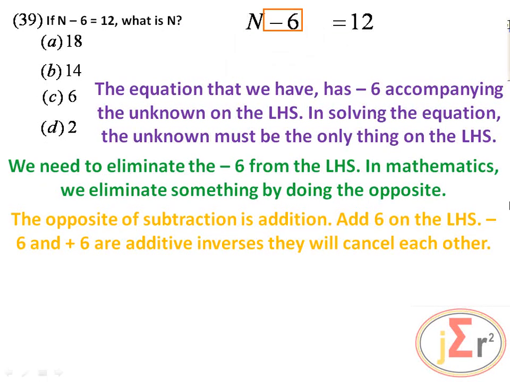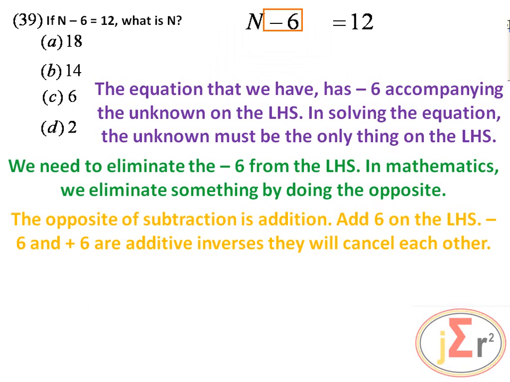So if we have a minus 6 and we have a plus 6, because they are equal in size, this is a 6 and this is a 6, but the signs are different, we say that they are additive inverses. So if we have two numbers that are of the same size and the signs are different, like an addition and a subtraction, we say that they are additive inverses.